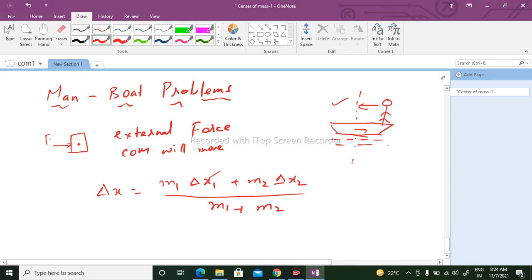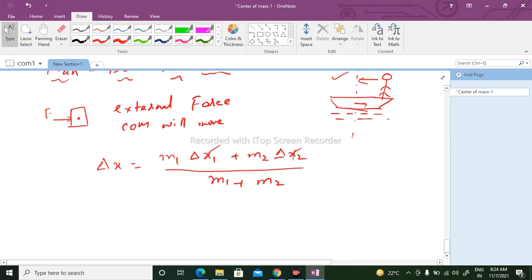What is delta x1, delta x2 means? It is shift in the center of mass, and delta x is the shift in the center of mass of the system. Suppose the block was originally here, this m1. Now the location of the center of mass is x1. Now the block moved from this point to this point.